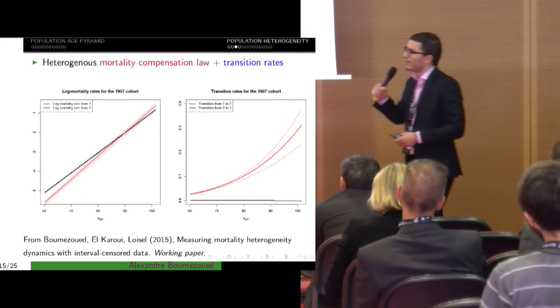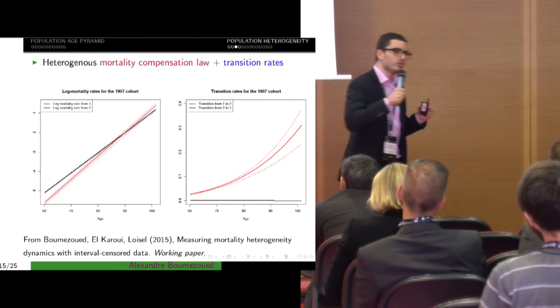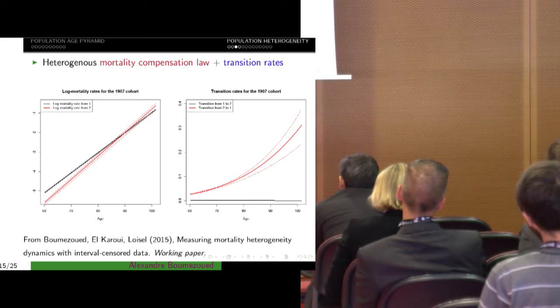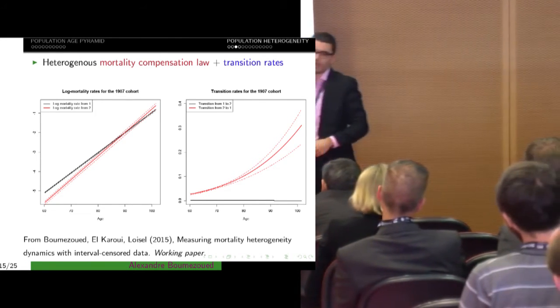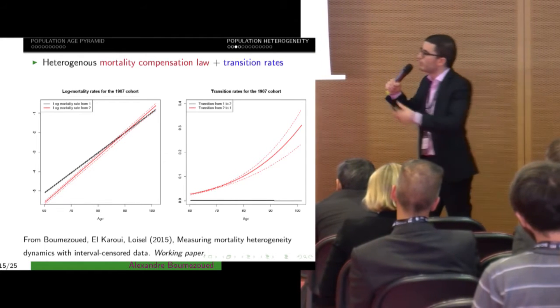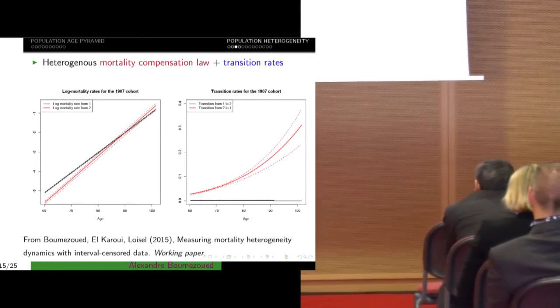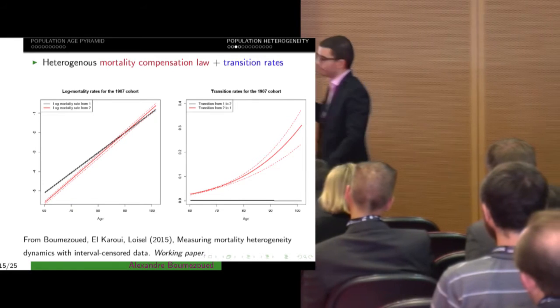It states that if you compare two subgroups at a given time, you expect them to cross, meaning that if the slope is higher, the intercept is lower, and reversed. What we see here is that, at these ages, mortality of married people is this one, but after a given age, this is inversed.